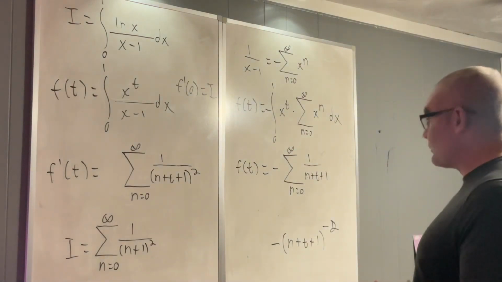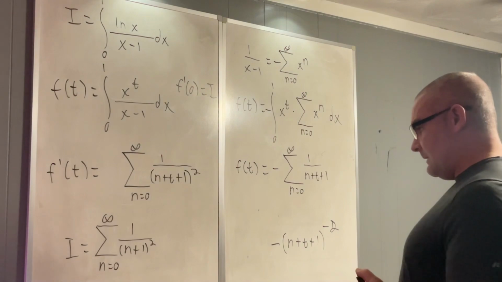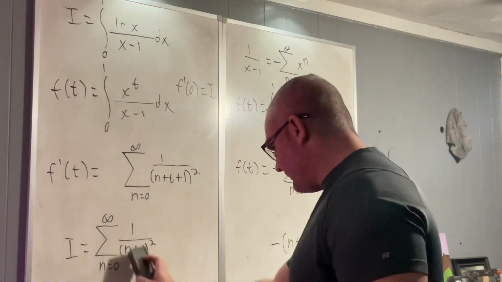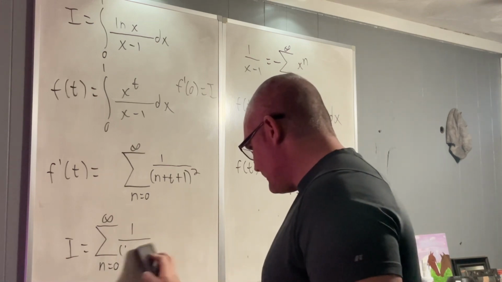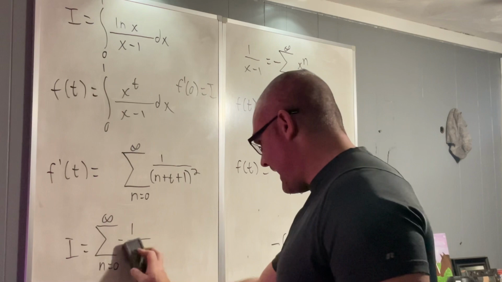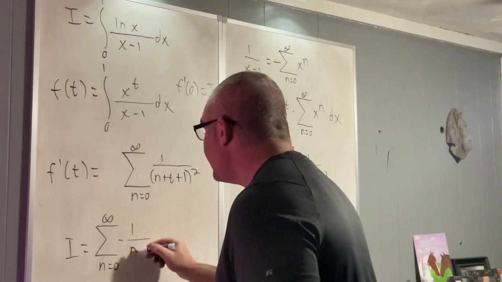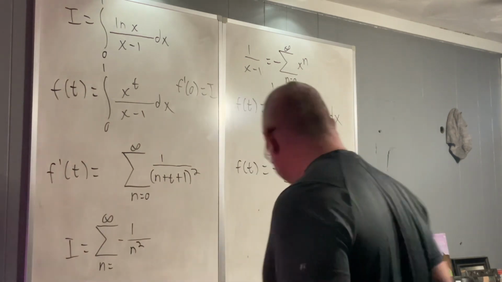Let's do a little re-indexing on this by taking 1 away from this n plus 1 and making that an n squared, and then all we have to do is add 1 to the index here. So this is just going to be 1 over n squared, and this 0 will become a 1.